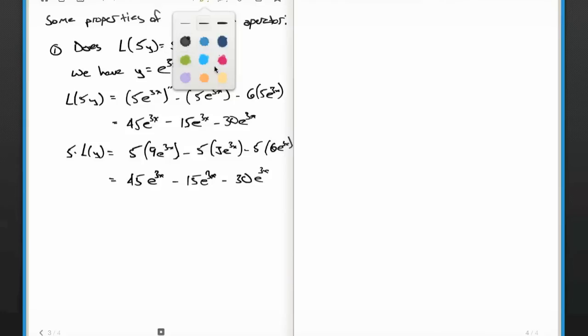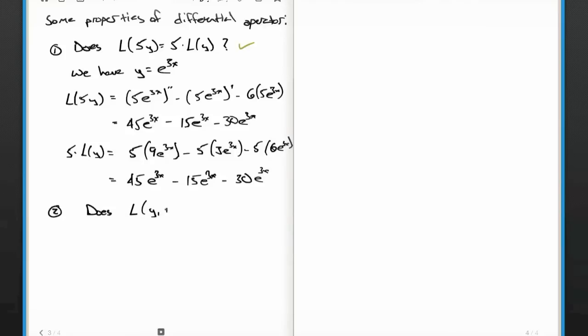Now I'm going to save a little bit of time here, and I'm just going to blow through a couple other properties. Number 2, does L of y1 plus y2 equal L of y1 plus L of y2?